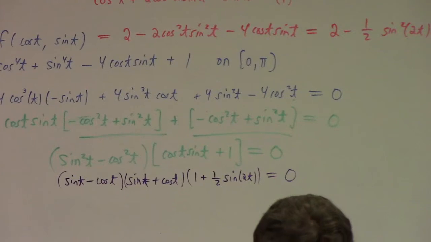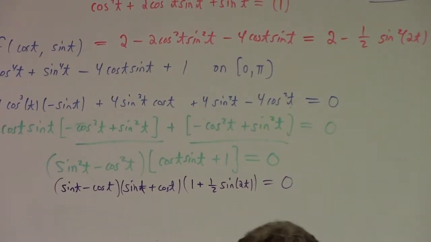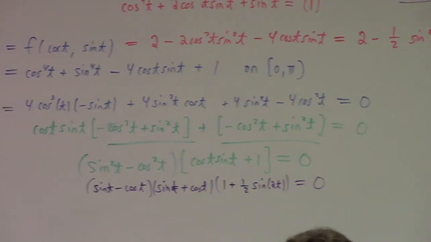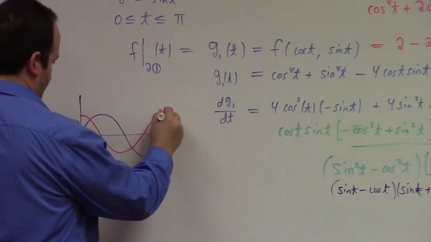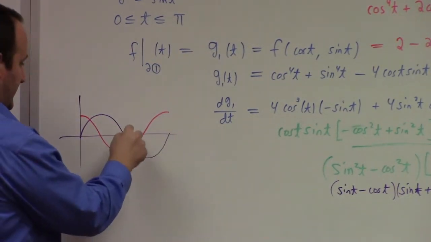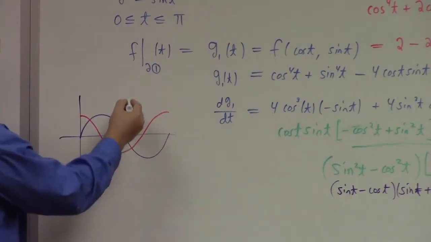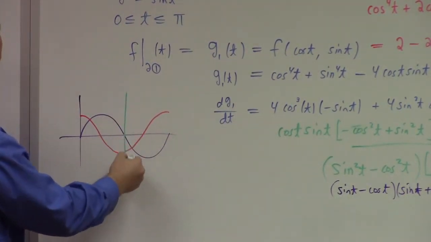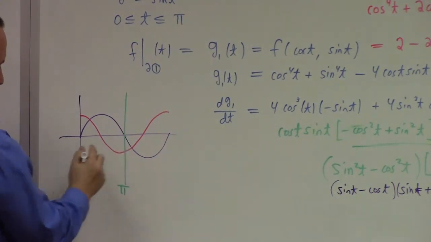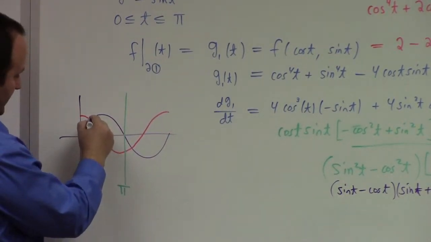Is sine t equal to cosine t on the interval 0 to pi? Here's sine. Here's cosine. Right? Is sine t equal to cosine t between 0 and pi? Well, 0 and pi is where? That's 2 pi. Pi is here, right? So, of course, we get this intersection right here.